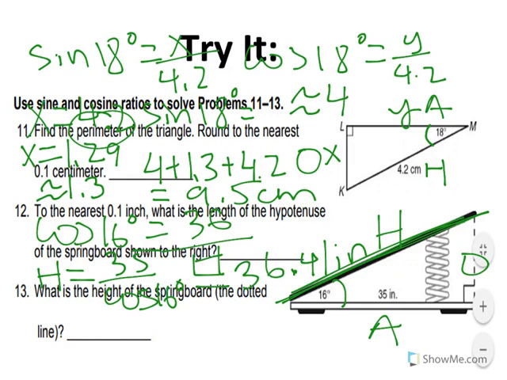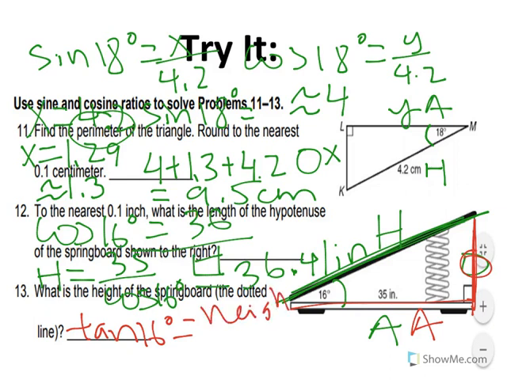Okay, so then in terms of inches. Right, okay, let's go on to number 13. What is the height of the springboard? So we're looking for the height here. Right? Well, we can use what we learned from 18.1. So we have opposite and adjacent. So then we can use tangent. Tangent of 16 degrees is equal to the opposite, so call it the height, over the adjacent, which is 35.